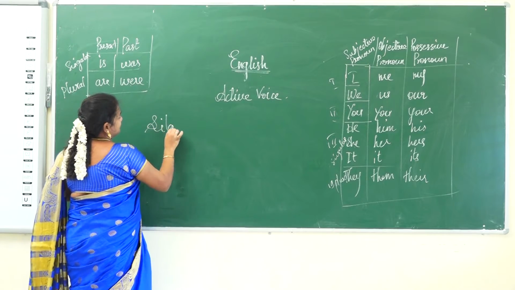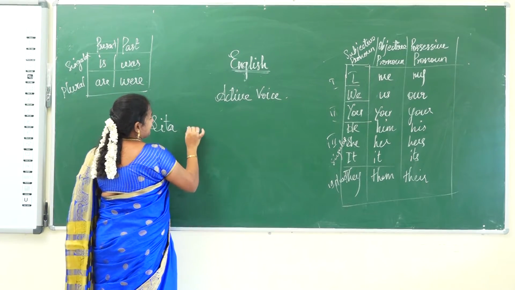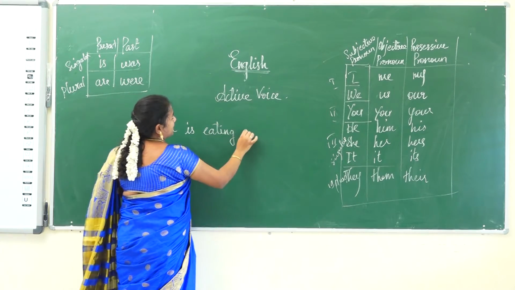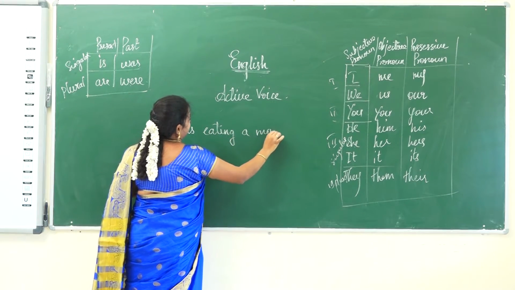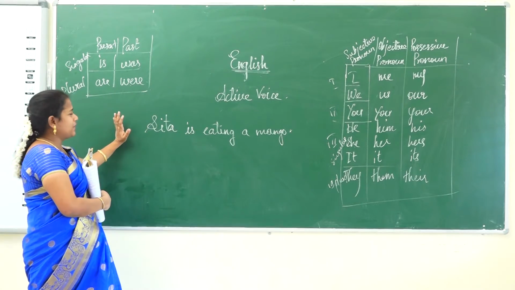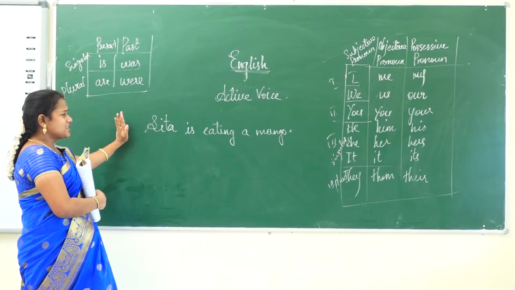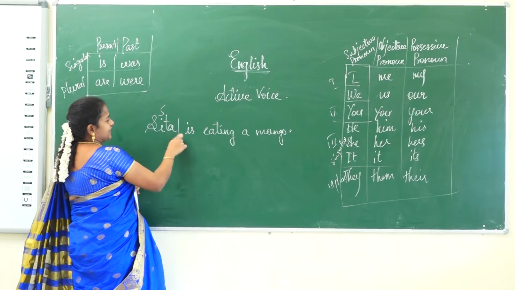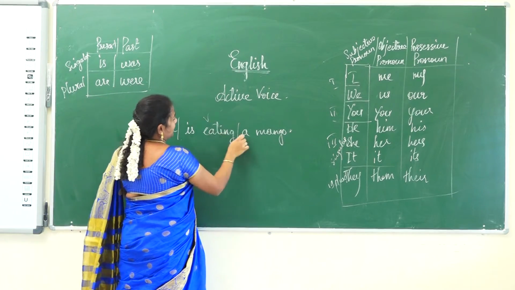Sita is eating a mango. See, first thing you have to remember, we have to know how to divide the sentence according to its pattern. Sita is a subject, is eating is a verb, a mango is a object.